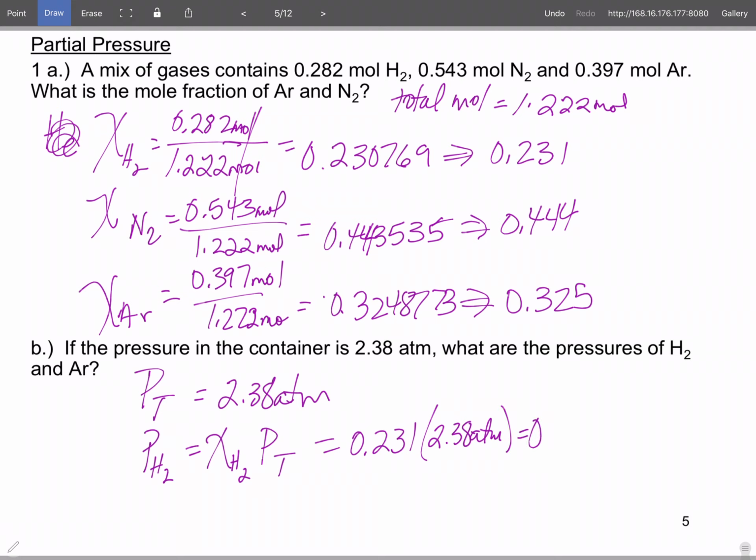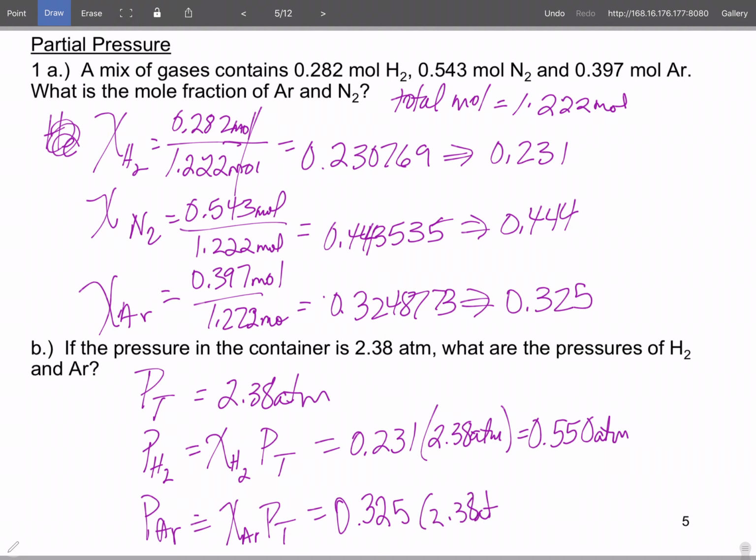So it's 0.550 atmospheres. For argon, it's the mole fraction of argon times pressure total, which is 0.44. No, that's neon. Argon was 0.325, times 2.38 atmospheres, which is equal to 0.774.